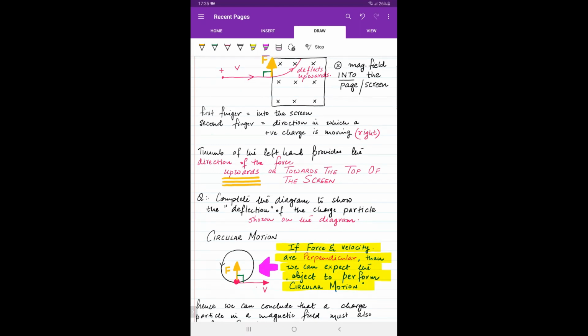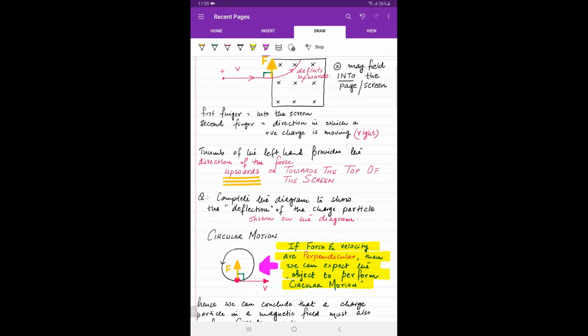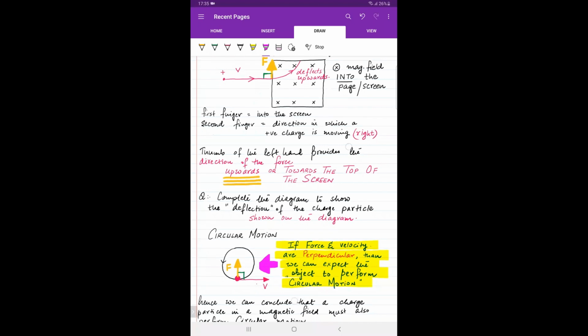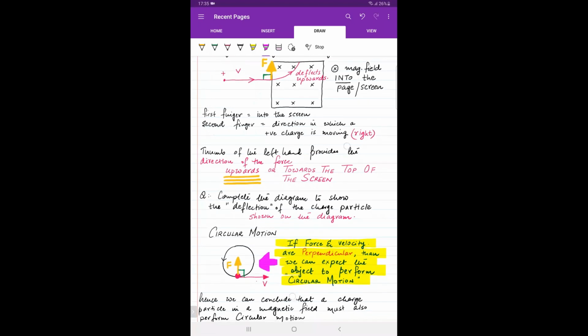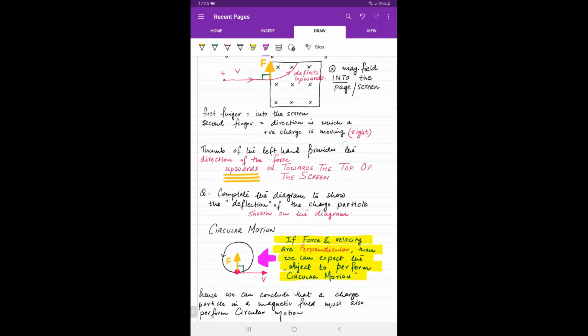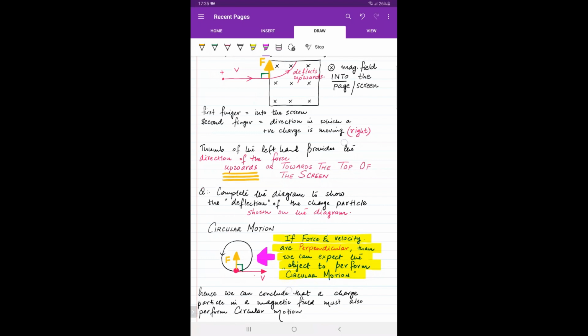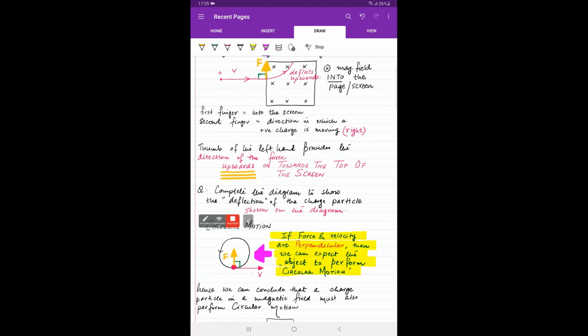Consequently, आगे मैंने conclusion लिखा हुआ है, वो भी आप read कर लें. Hence, we can conclude that a charged particle moving in a magnetic field must also perform circular motion.